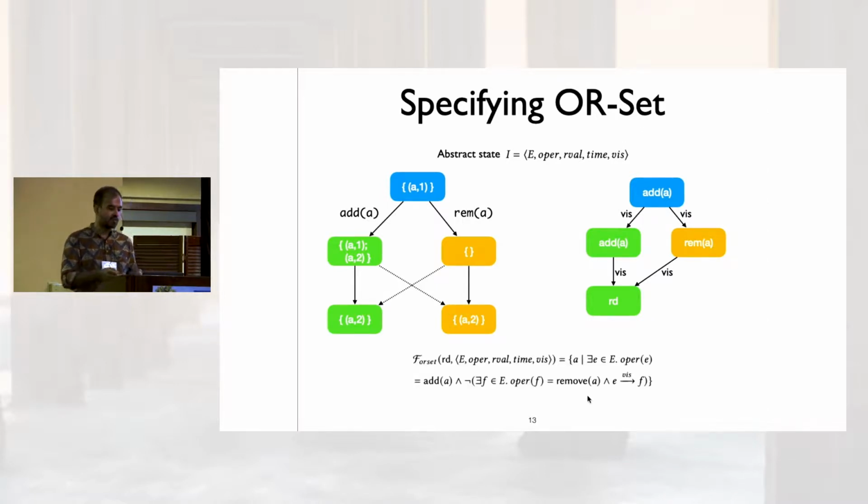And the specification for the OR set says that if you do a read, you get a set of all A's such that there exists an event whose operation is add, and there does not exist another event F, which is a remove of A, which happens to witness this add.